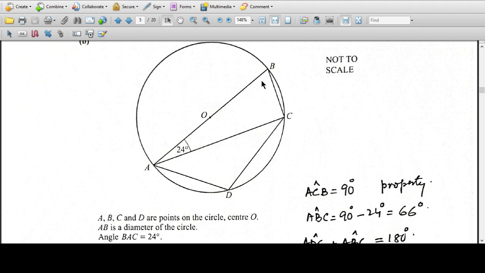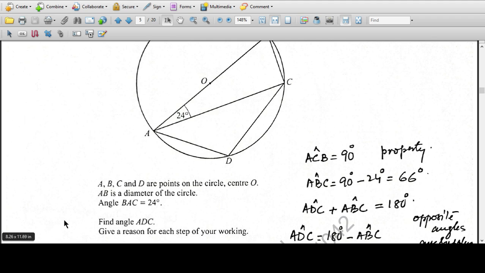This is a property of a circle with an inscribed triangle in a semicircle. So it will always be 90 degrees. And in triangle ABC, this is 90 degrees, so the remaining angle is 90 minus 24, which is 66 degrees. So this angle ABC is 66 degrees.